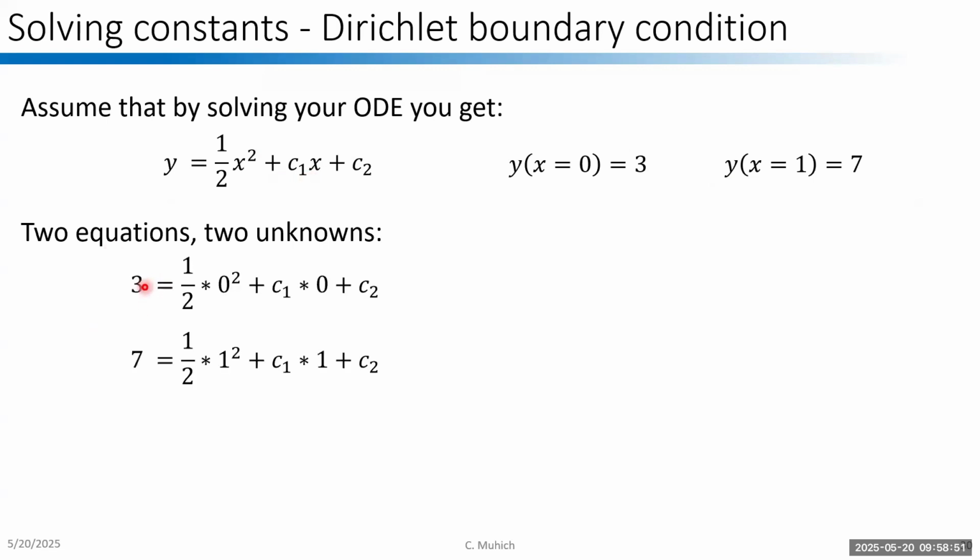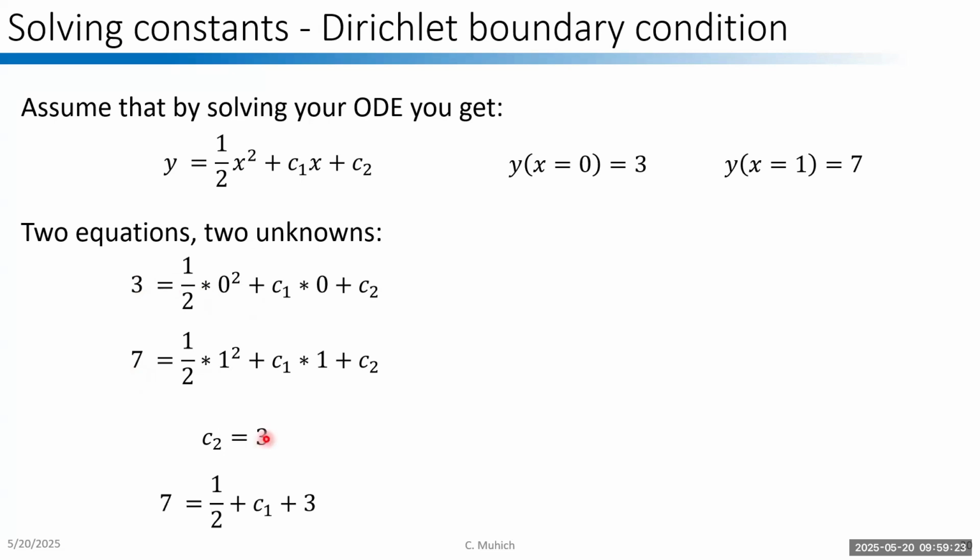From the first boundary condition, I have 3 equals 1/2 times 0 squared plus c1 times 0 plus c2. And then I know that y is 7 at x equals 1, so 7 equals 1/2 times 1 squared plus c1 times 1 plus c2. If I look at the first equation, I'm left with 3 equals c2.